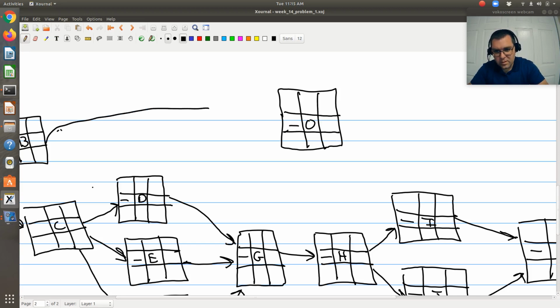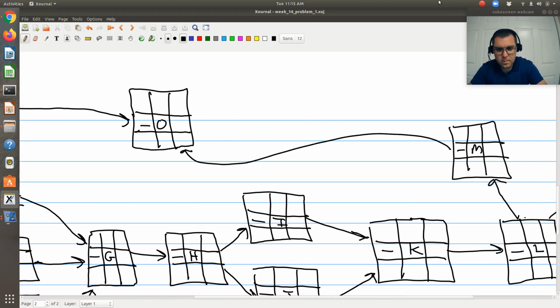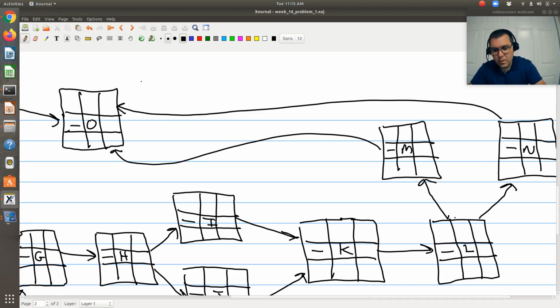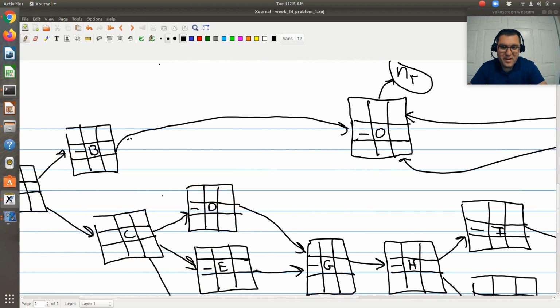So O has a precedence of B, M, and N. Then O is the only one connected to a terminal node. Bam! Alright, now we need to work through this.